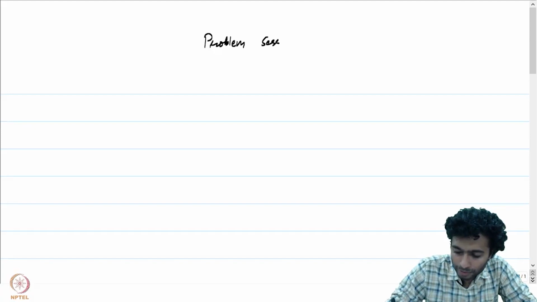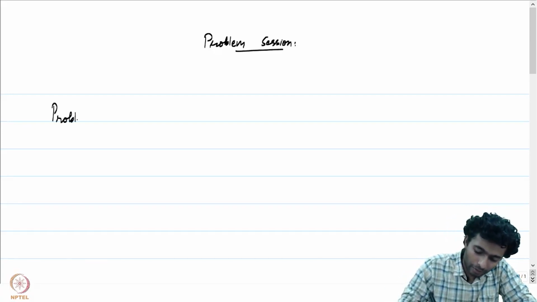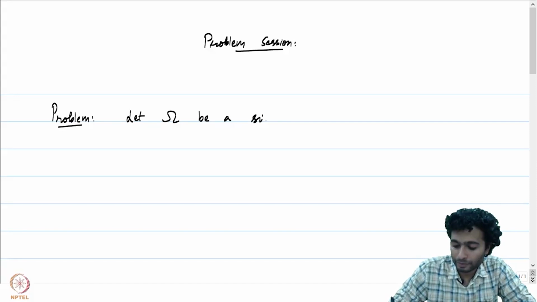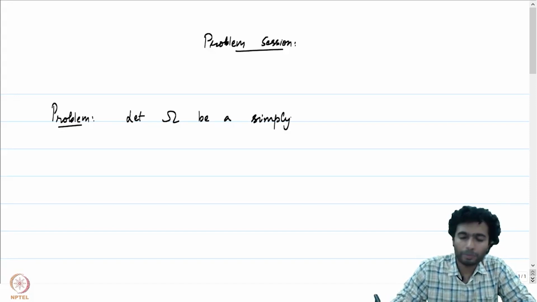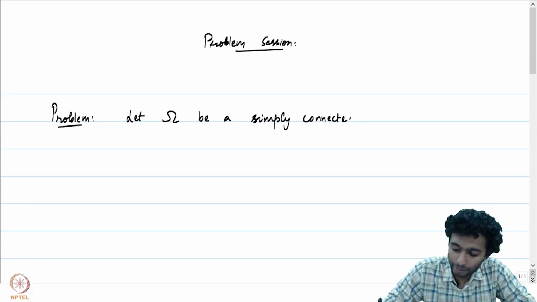The first problem is the following. Let omega be a simply connected domain, a simply connected open connected set. That's something which I will implicitly assume in this lecture.